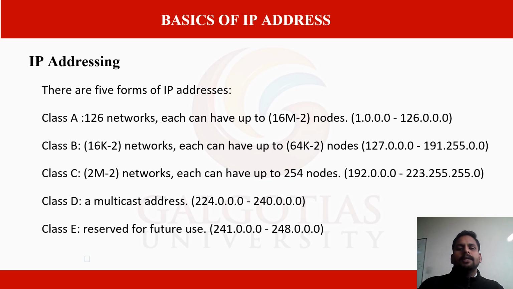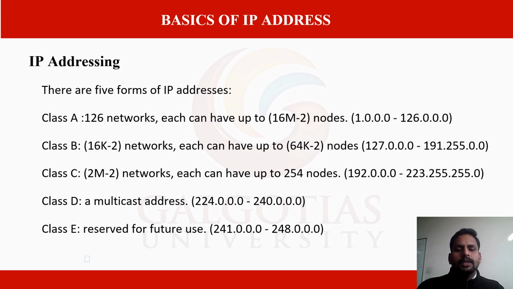Basically they mention 127, but 127 will not be used in either class A or class B, because 127 is a loopback address which is used for self-checking of network connections. And then class C, which contains 192 to 223.